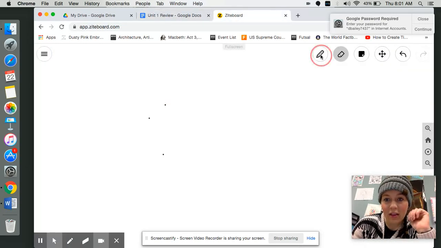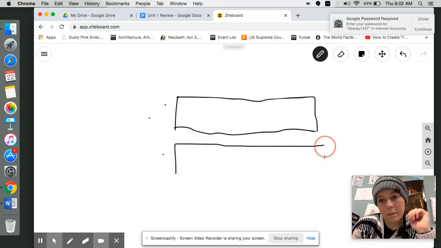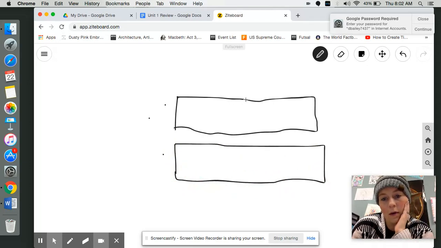5/8 and 3/8. Okay, so let's talk about this a little bit. My rectangles are obviously the most fabulous thing you've seen. Okay, so we have 8s. I'm going to match them exactly so that I have the same amounts here.